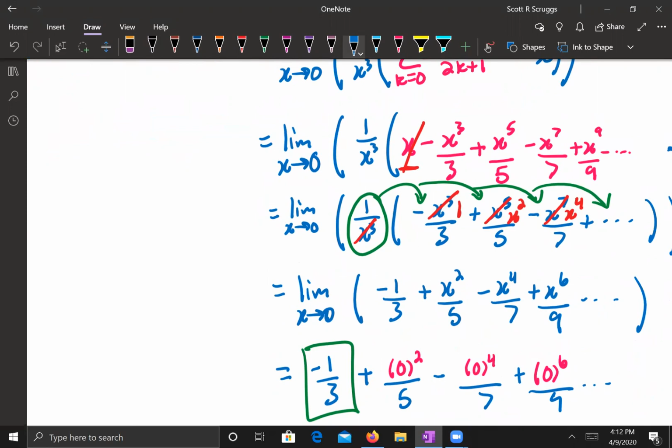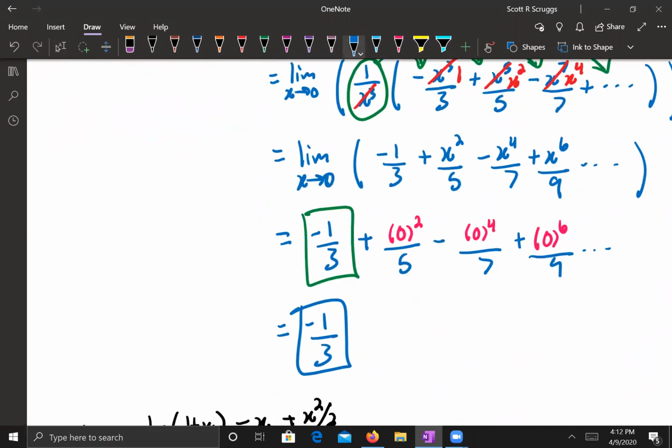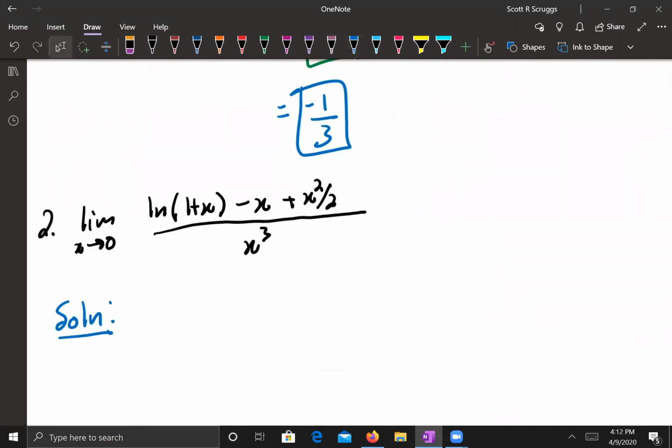Is there stuff that I can distribute? And then after you do all those steps, evaluate the limit. So try that for that problem. Figure out which one we know a Maclaurin series for. And again, I'll give y'all until 4:20 p.m. If y'all have any questions, post them on the chat or unmute your mic and let me know.